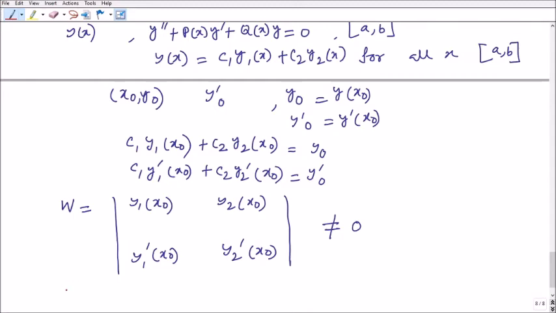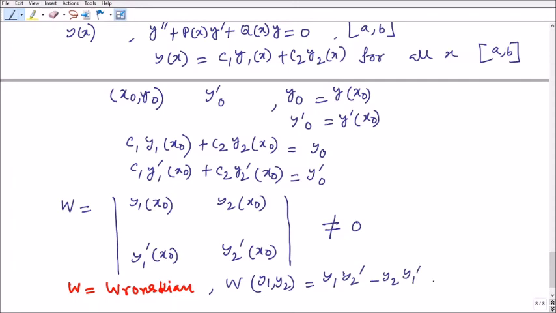So W of the function y1 and y2, the two independent solutions, is equal to y1 y2 dash minus y2 y1 dash, and this is the Wronskian.